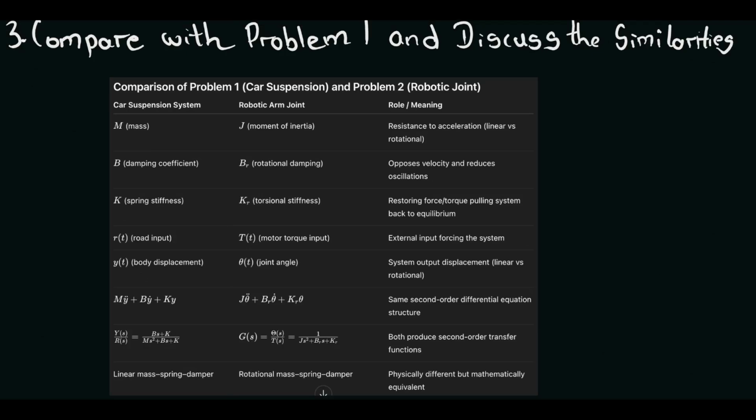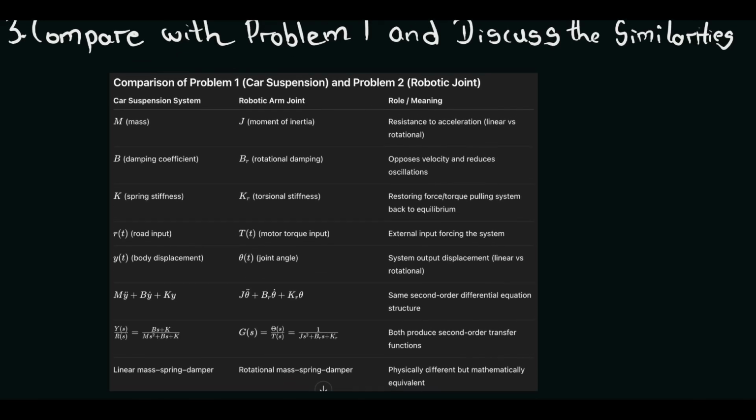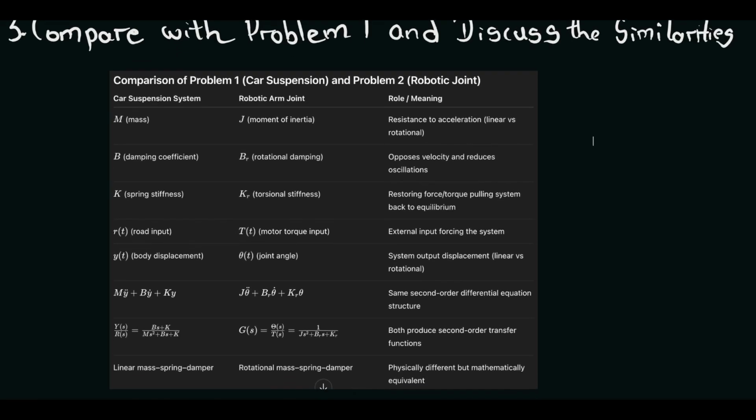So we can see that the rotational robotic arm model is an exact analogy to the translational car suspension system, as if the suspension were modeled with a fixed input force instead of a road profile based excitation. So they're basically the same thing. The only difference is just the linear motion and angular motion. Here you can see the mass.